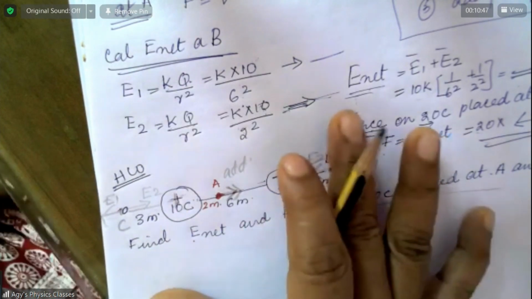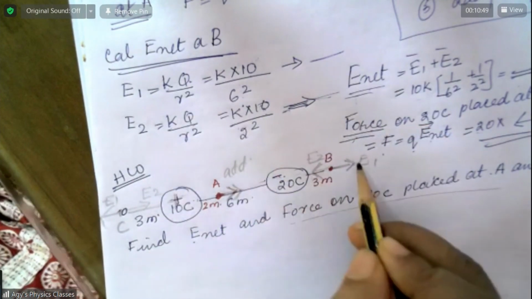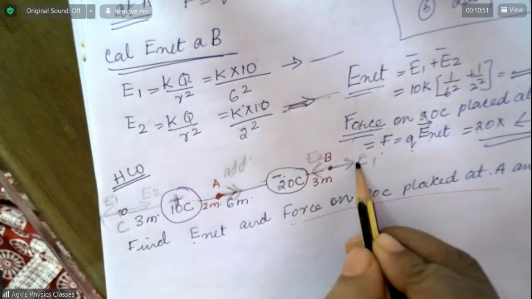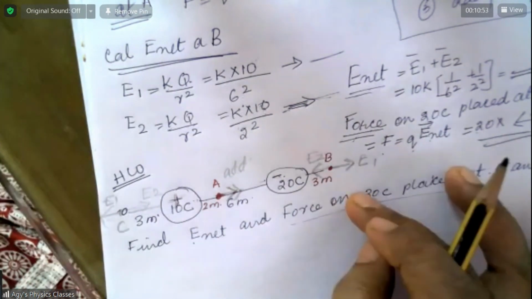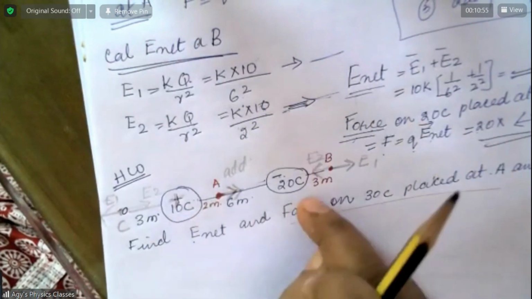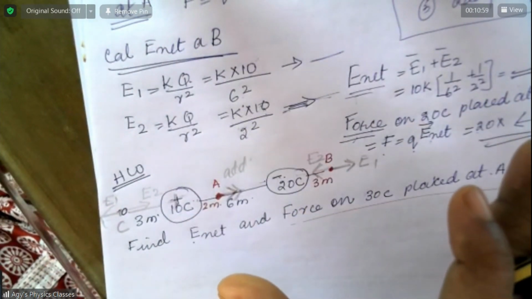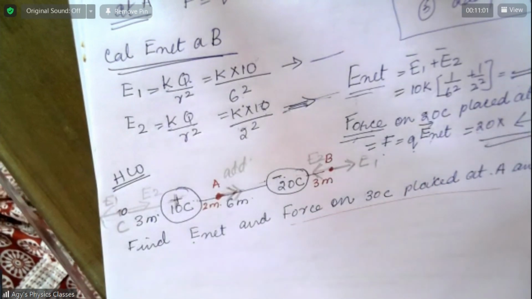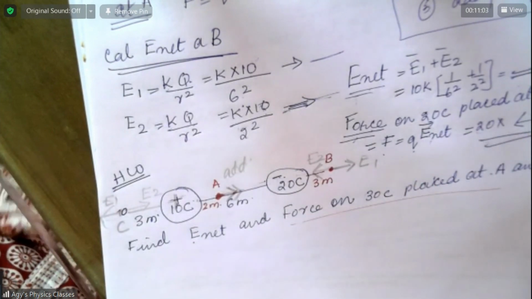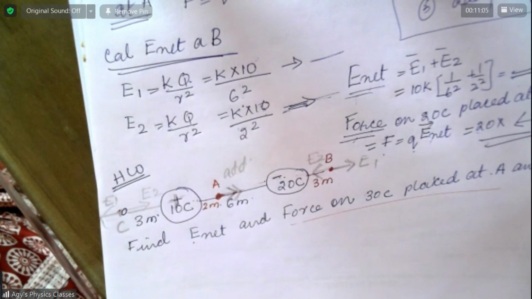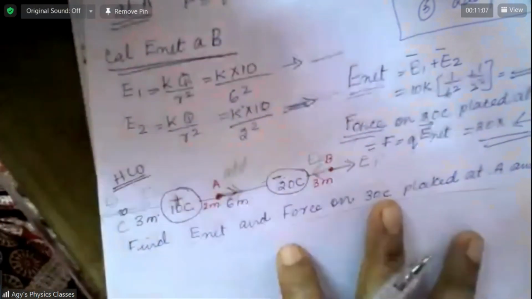So this is how you find it. Why do we use these arrows to understand whether you have to add or subtract? Because electric field and force are vector quantities. That also please note down.